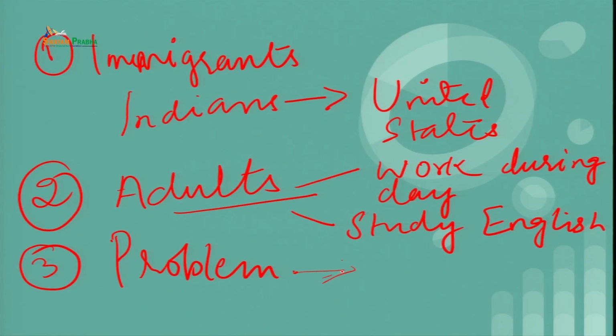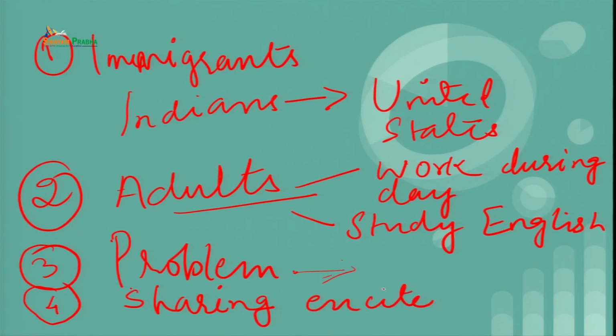Then we see that one of the students says that there was big news he received last weekend, and that news was that his brother got into a famous university in the United States. So here the student is sharing excitement.